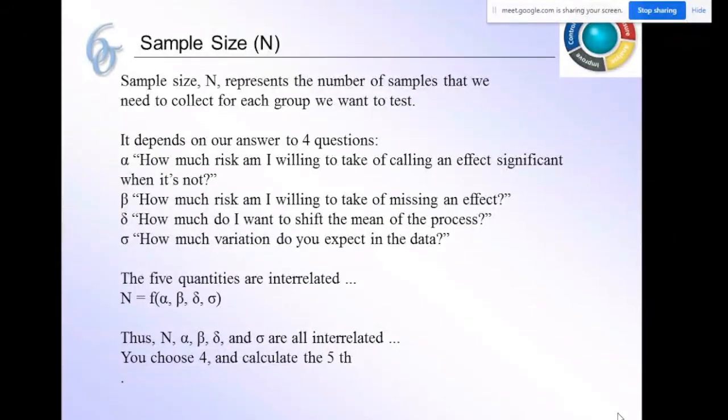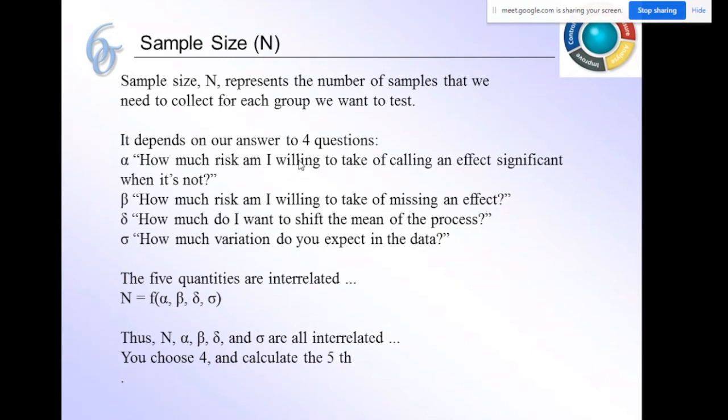Sample size depends on 4 factors. Alpha risk: how much alpha risk I am willing to take. The beta risk is how much risk I am willing to take of missing an effect. Alpha is the risk of calling an effect significant when it is not. So here the effect is not there, but I am saying there is an effect.